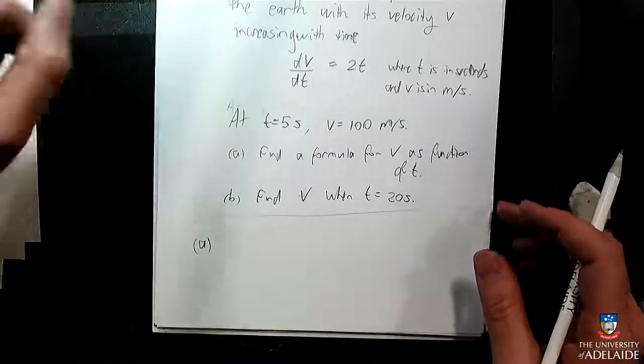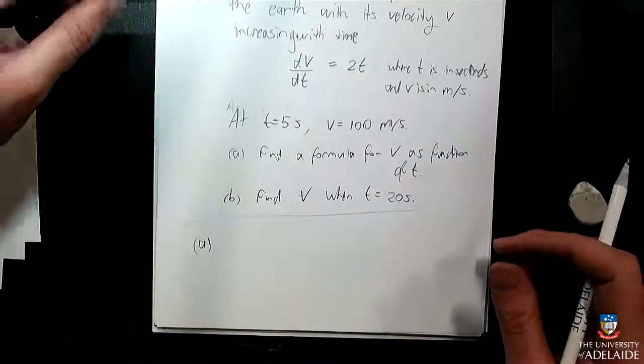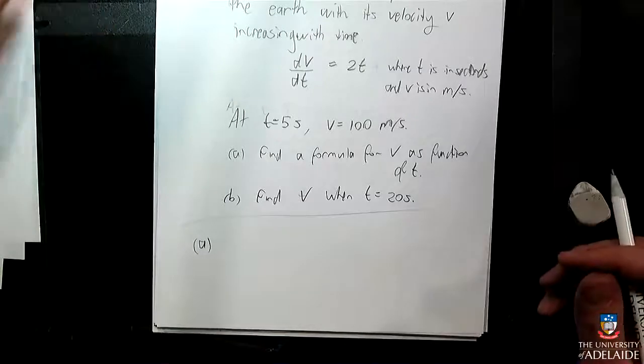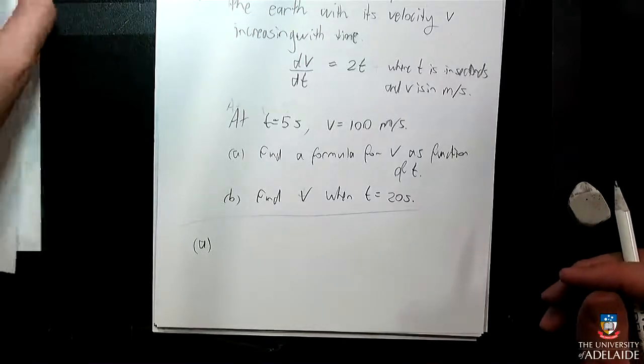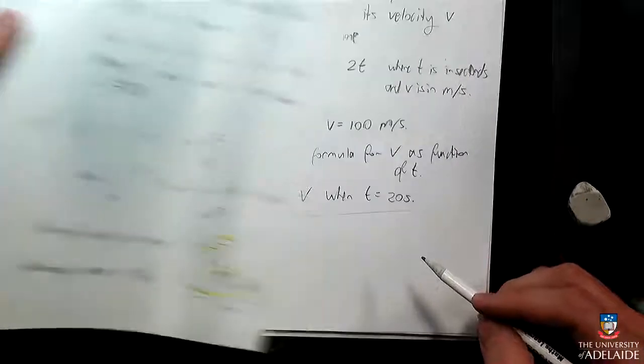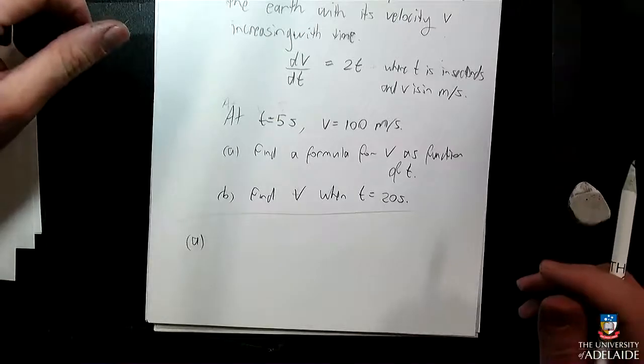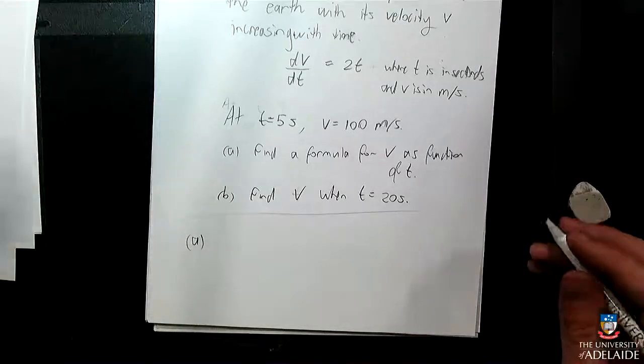Now, I've got two ways of doing this. I could think about the change in velocity as the integral times the change in time.